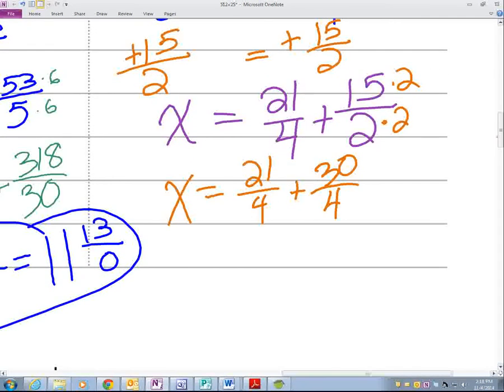Now I have common denominators. Now I can roll with it. 51/4 is correct. 51/4, but I can simplify that.